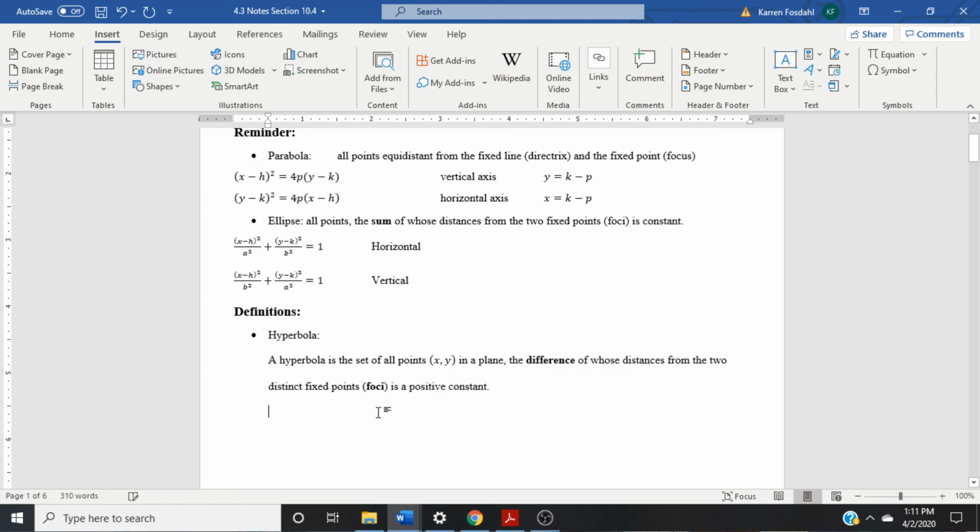The difference is a positive number. That just means no matter how this turns out, they're going to be positive values.